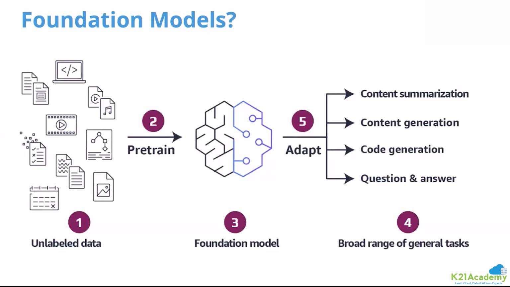Okay. So now you have unlabeled data, you pre-train it, you have a foundation model, and you adapt it to a broad range of tasks. This is the most important part. When I asked you a question about rainbow, if I keep asking you 40 questions, for all of them you'll have an answer. And if I keep changing the dimension of the question, you'll still have the answer.